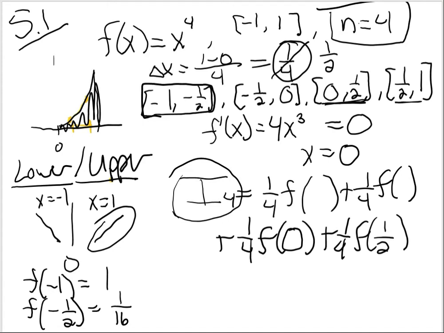So in this case, it'll be f of -1/2. And similarly, this one will be f of 0. Now that is not the left sum, but it's also not the right sum. So in general, the inscribed or lower sum can look a little different than any of the ones that we've looked at. But a lot of times, if the functions are nice enough, it will correspond to a left or right sum. But not always.